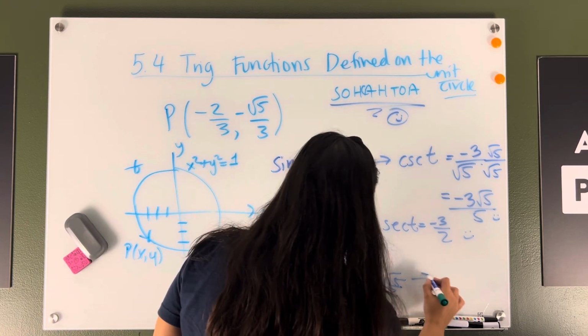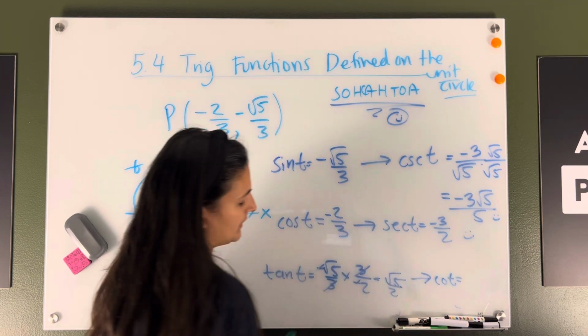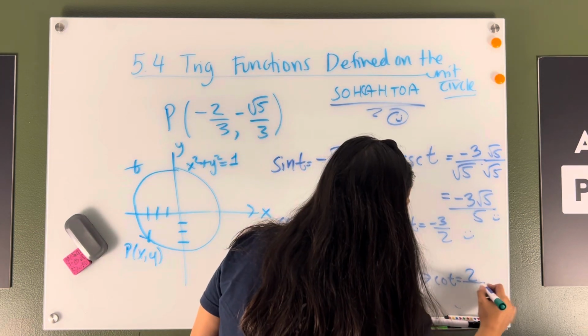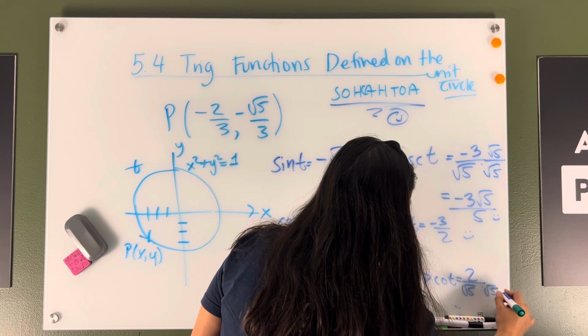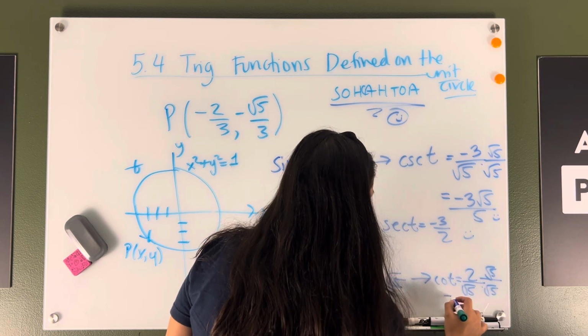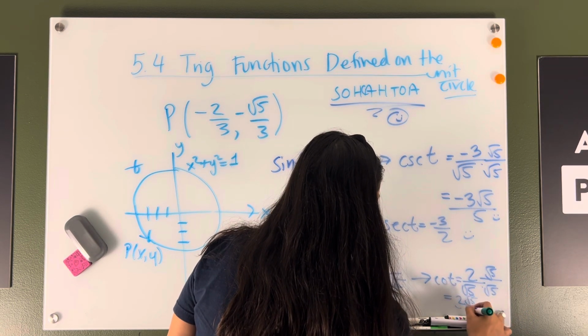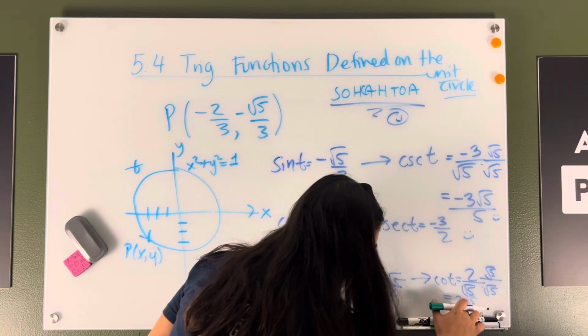And so for the cotangent, you would flip that, which would be 2 over the square root of 5, and then of course rationalize that. So that would be 2 square root of 5 all over 5 for cotangent.